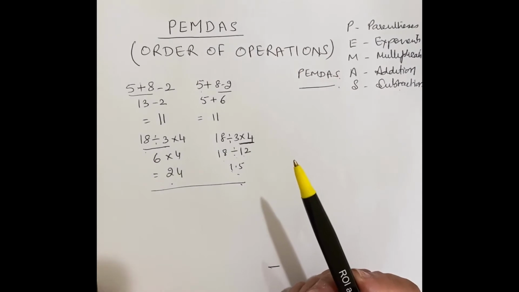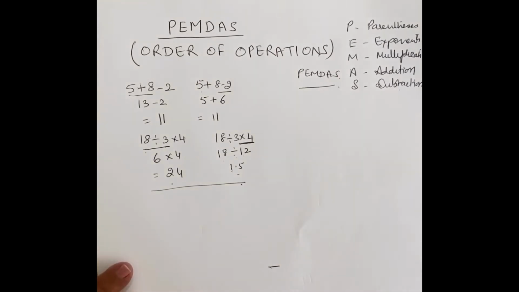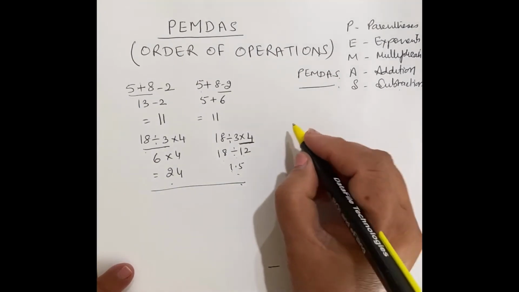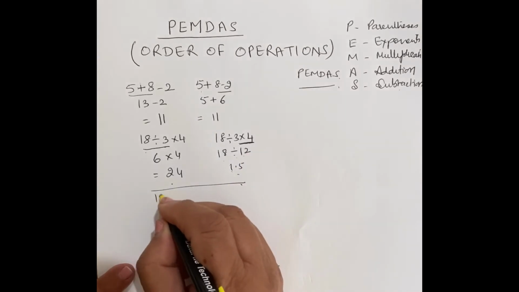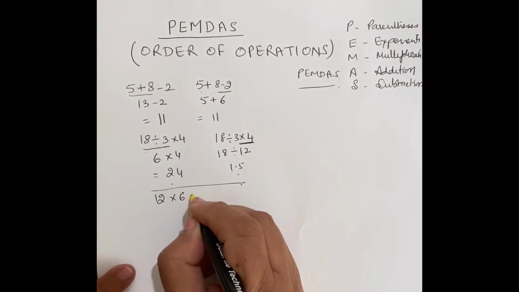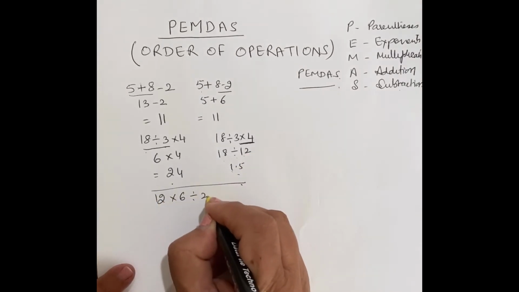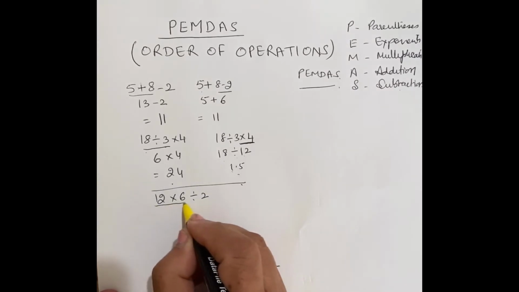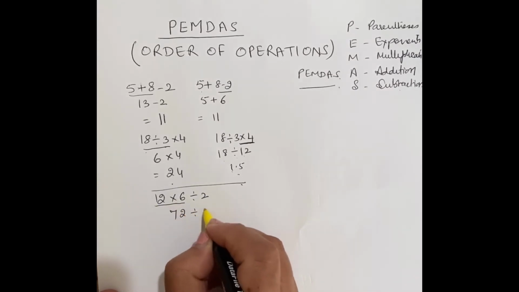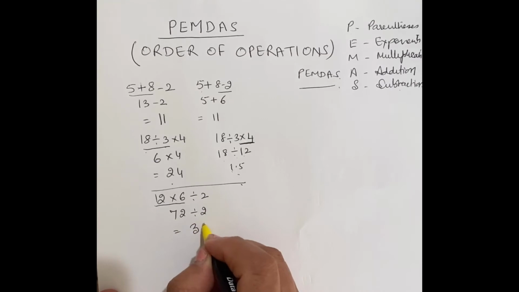PEMDAS, that is PEMDAS. Now we take the example: 12 multiplied by 6 divided by 2. It will become 72 divided by 2, which is equal to 36.